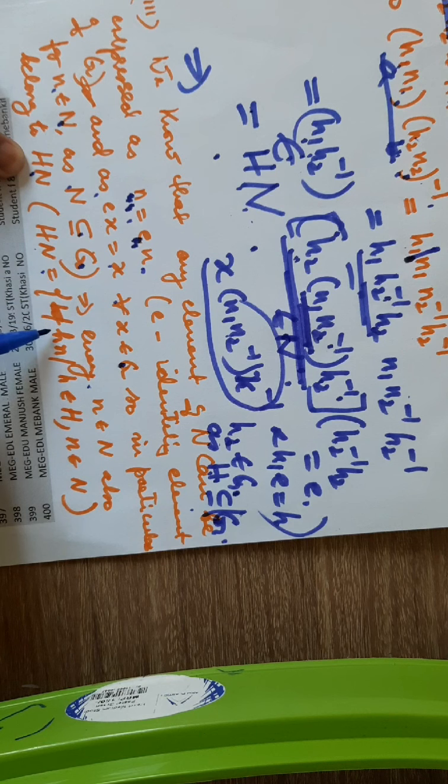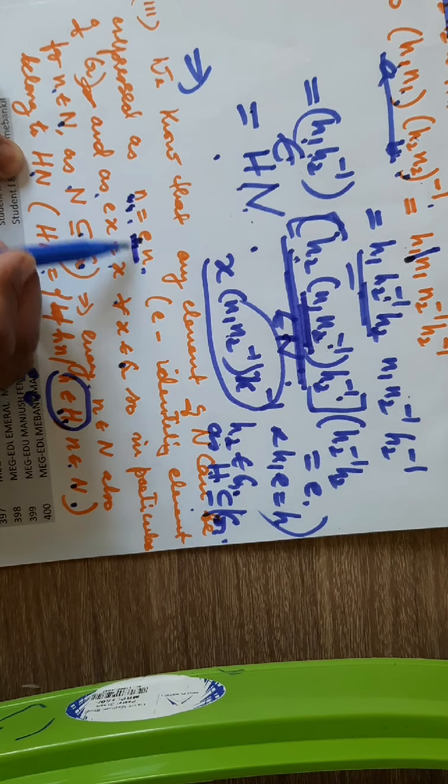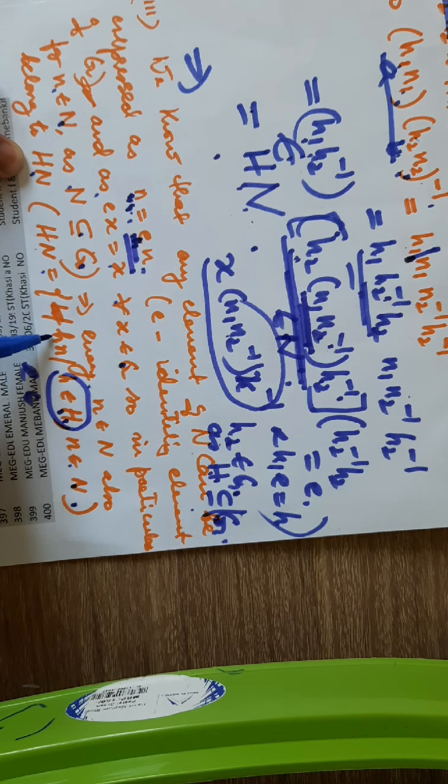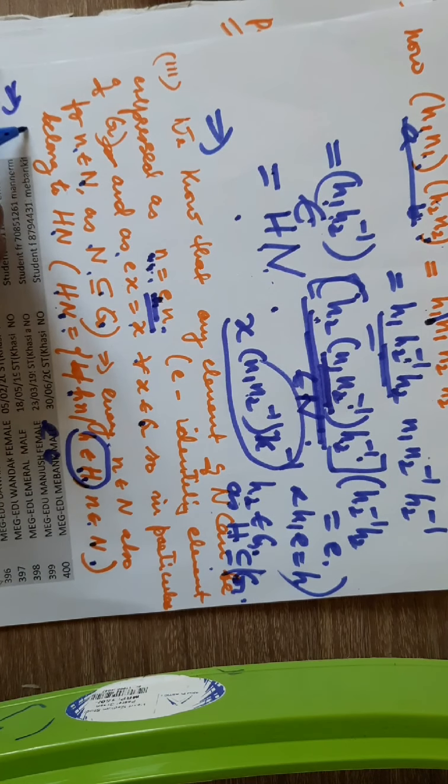HN contains elements of the form small h into small n such that h belongs to H and n belongs to N. In particular, e is a common element that belongs to H and N also. So you can see from the expression here that every element of N can be expressed as a product of an element of H and an element of N. So this implies that N is a subset of HN.